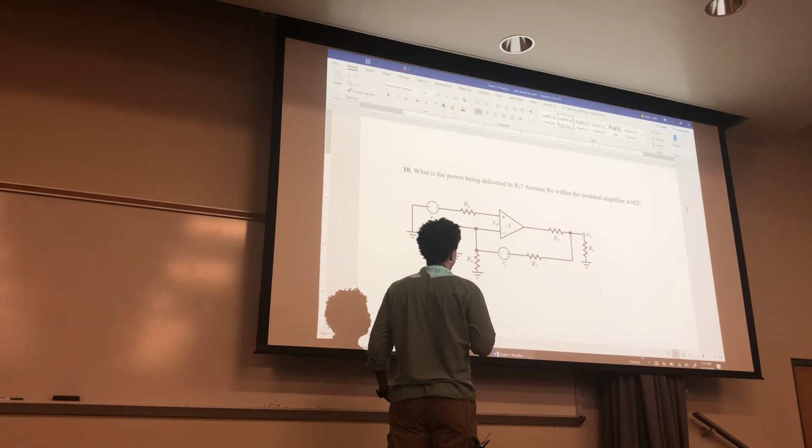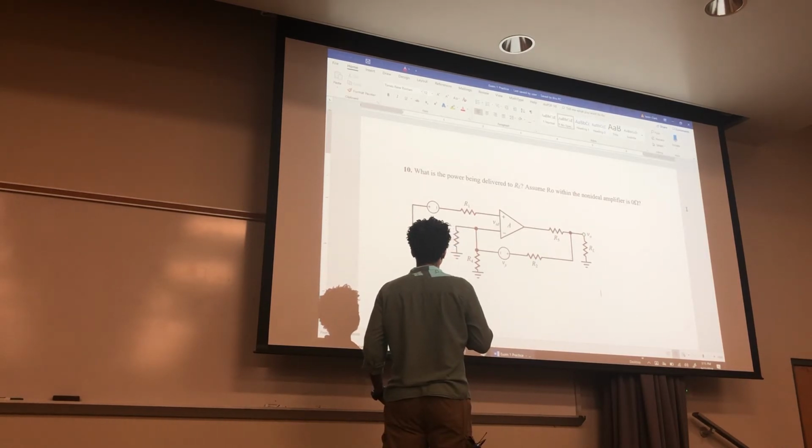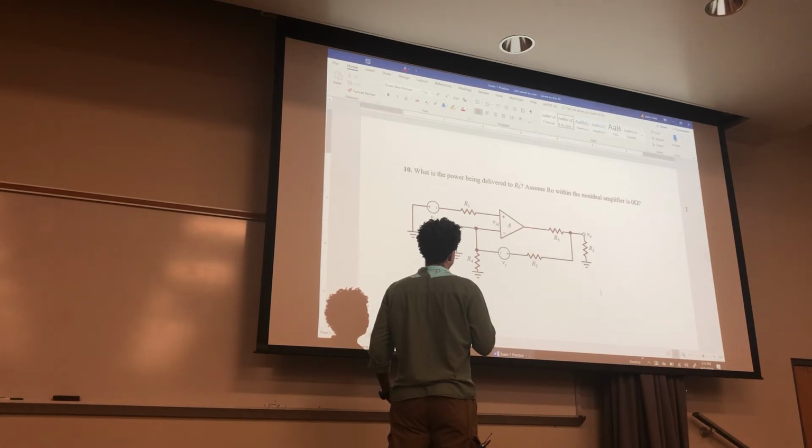What's the voltage right here going to be? Yeah, A VID, exactly. There's no current going through here, so the voltage drop across this resistor is going to be 0. So I'm going to start off with 0. I'm going to go downhill some Vx, downhill 0, there's no voltage drop. But then I'm going to go uphill some A VID. So that's what the voltage is right here.